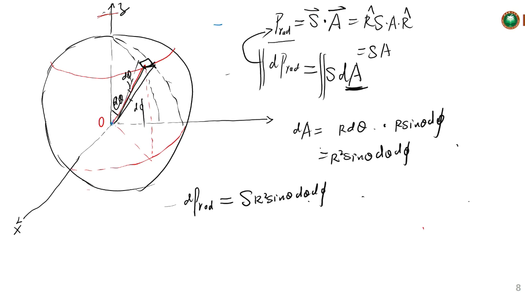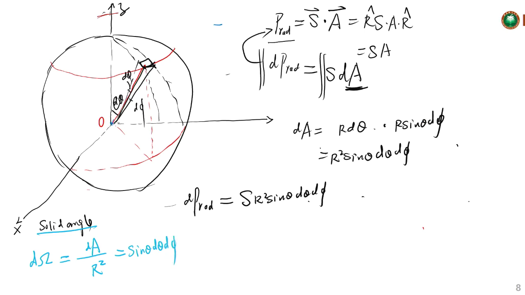Another thing we need to consider is the solid angle, which we already used. The solid angle can be expressed as d omega, which equals dA divided by r squared, so it equals sin theta d theta d phi.